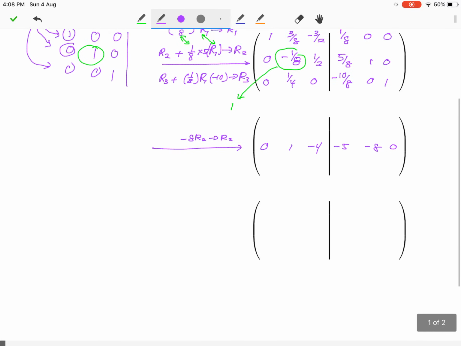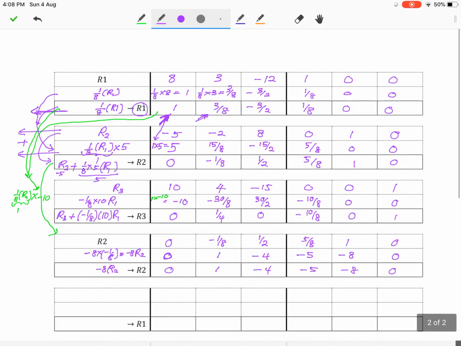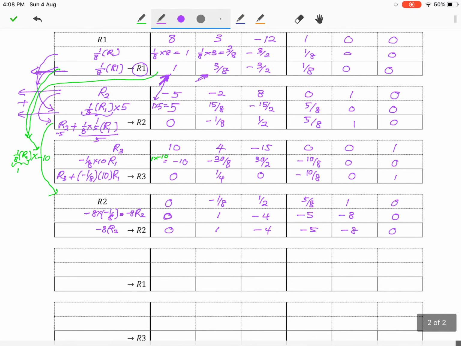So now we want this part to be 0. I want that to be 0, but currently it's 3 over 8. So let's tackle the new first row. I'm going to copy it down from above, R1, which is 1, 3 over 8, negative 3 over 2, 1 over 8, 0, and 0.